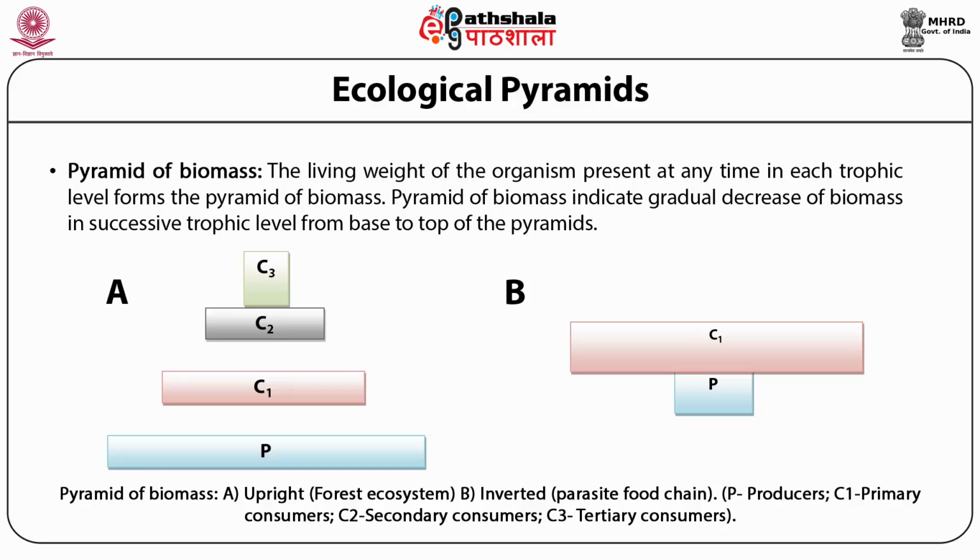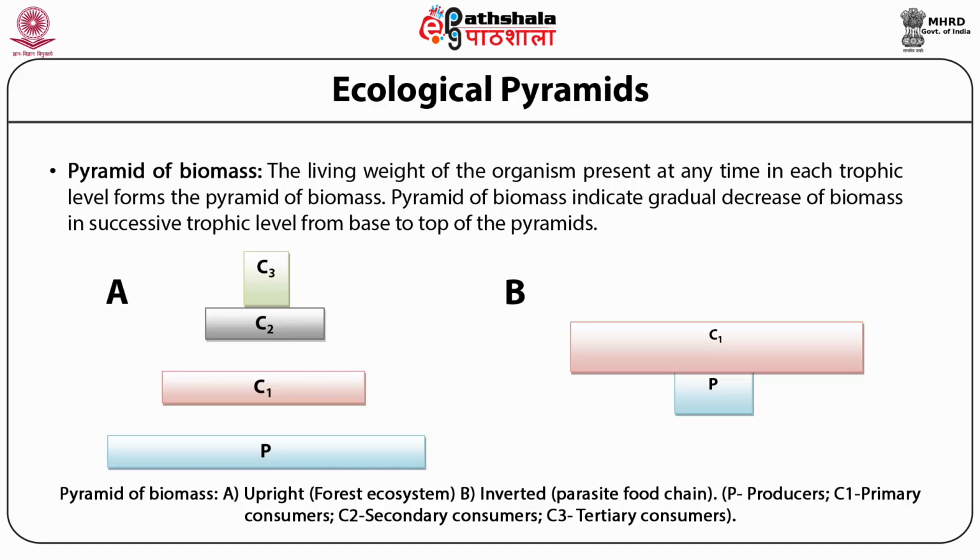For example, the total biomass of the producers ingested by herbivores is more than the total biomass of the herbivores in an ecosystem. Similarly, the total biomass of the primary carnivores will be less than the herbivores and so on, as some amount of energy or material is lost from lower trophic level to upper trophic level.